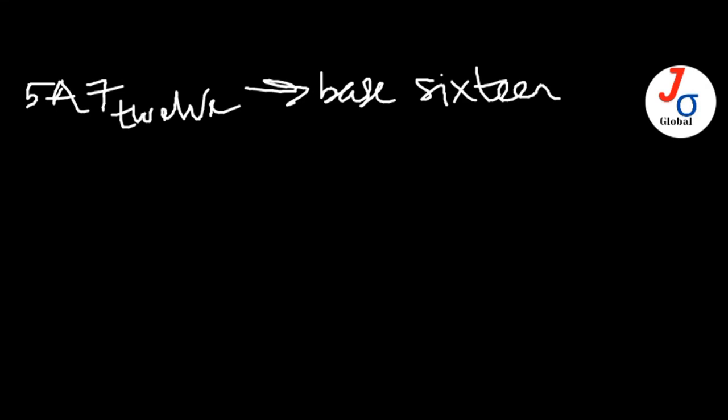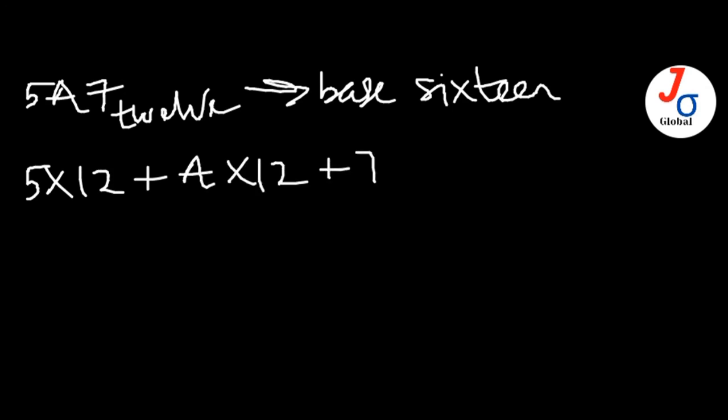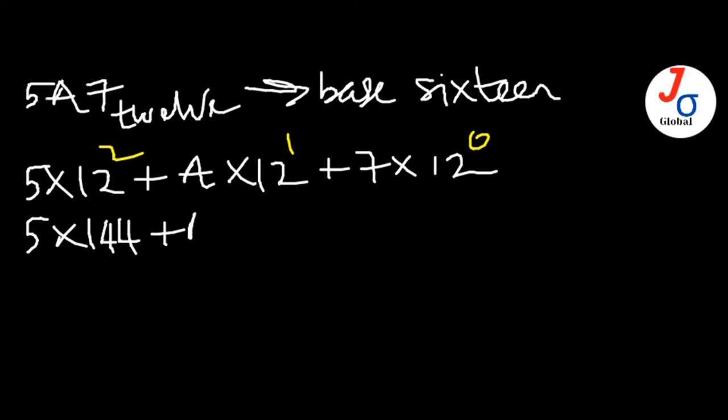So converting that to base 10, you have 5 times 12 plus A times 12 plus 7 times 12. So give power to the bases: 0, 1, 2. And so I have 5 times 12 squared, which is 144, plus A. What's my A? A is 10.